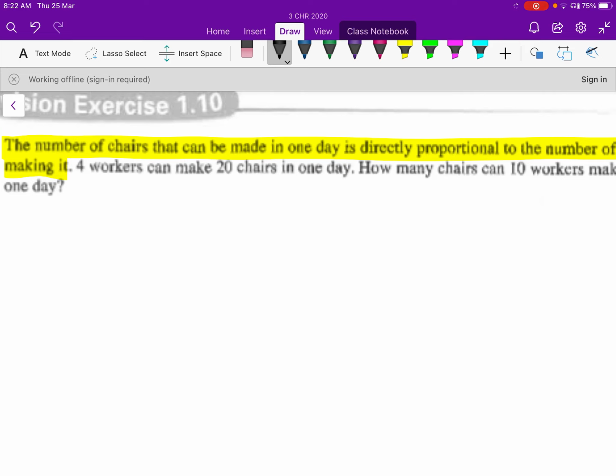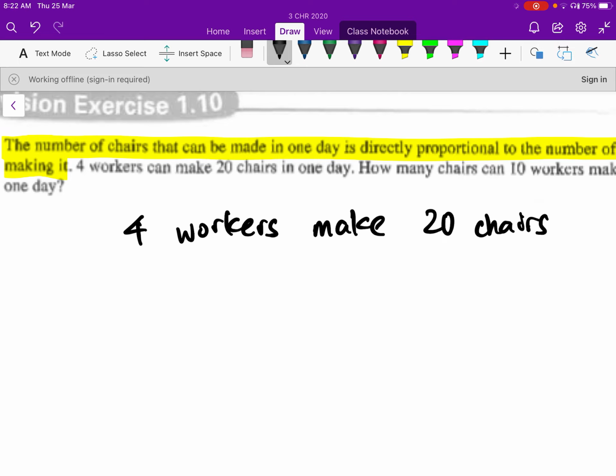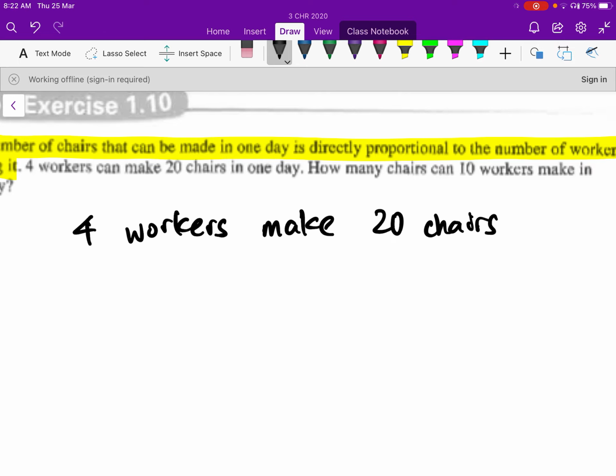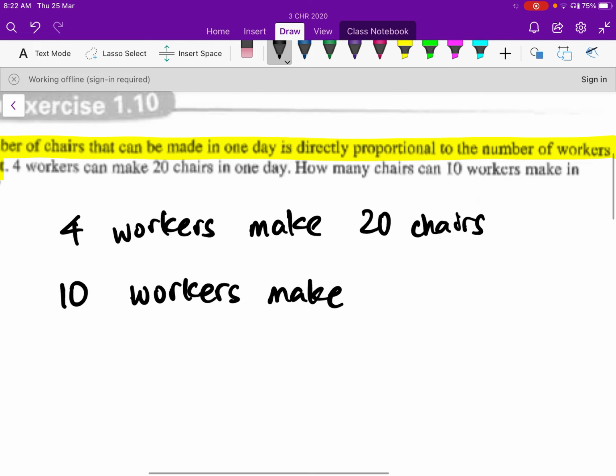So this is how we're going to do it. 4 workers. Cannot be equal. You can say represent or you can say make 20 chairs. What do you think I should write at the bottom? 10 workers make. Okay, some of you very familiar already.